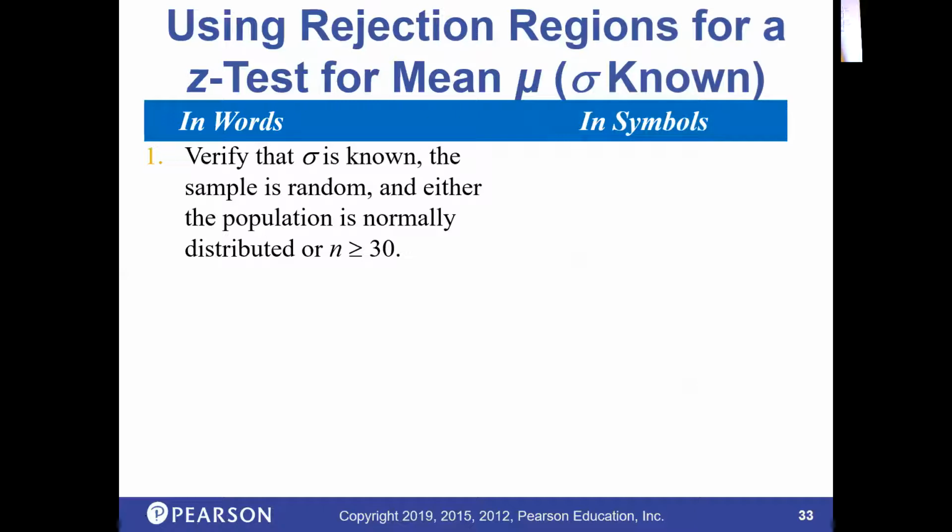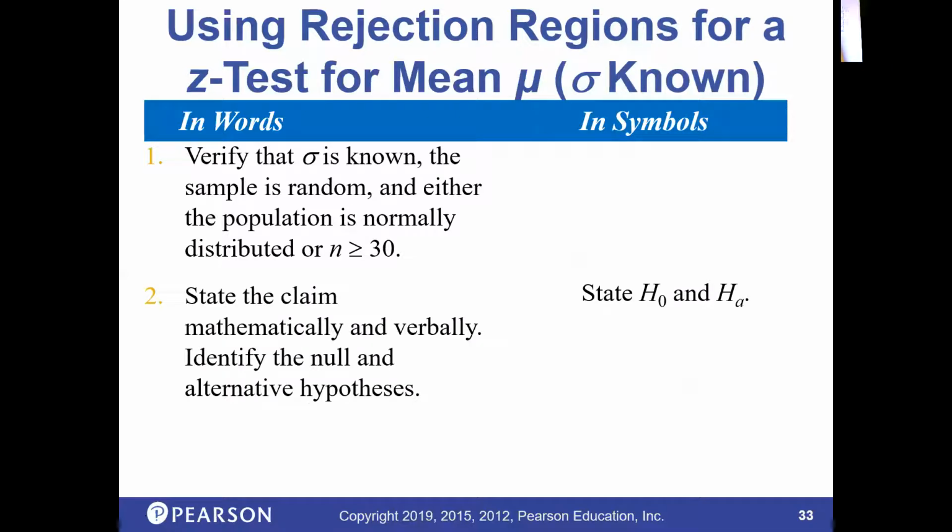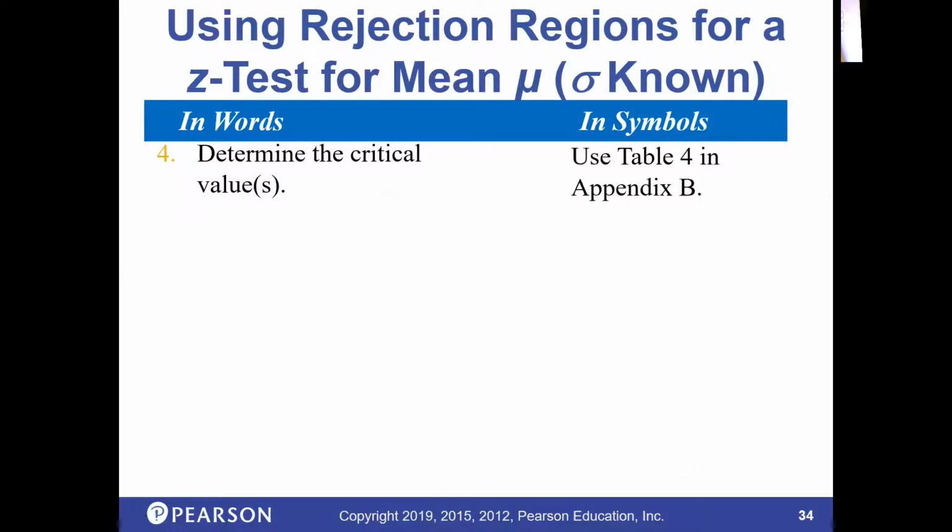So this is what we're in for. Verify that sigma is known. It'll be given to you in the problem. State the claim and hypotheses. Specify the level of significance, that'll be given to you in the problem. Determine the critical value.